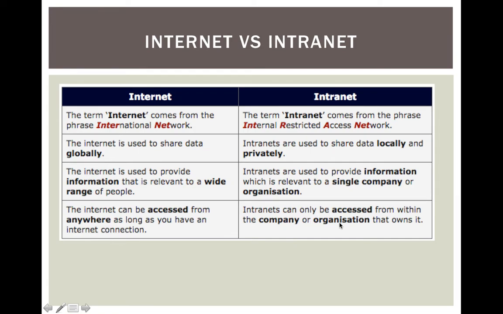So they're usually password protected, and they can be great areas to post and share things like links to other sites that are relevant to that company or organisation. So if you think about when you go onto the school intranet, you can see all of the links to the common pages that we use, like Plato and so on.